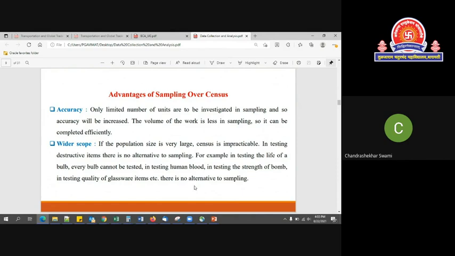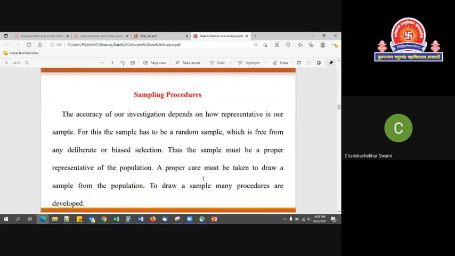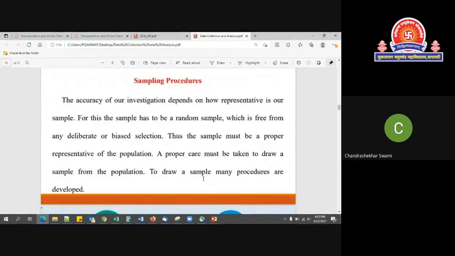So in this case also, there is no alternative to sampling. In testing human blood, here also the census method is not possible. In testing the strength of a bomb, in testing the quality of glassware items, there is no alternative to what? Sampling. In these cases, sampling is the best technique instead of the census method.